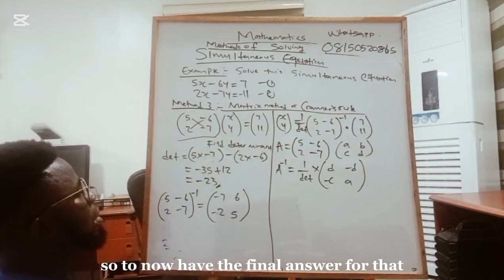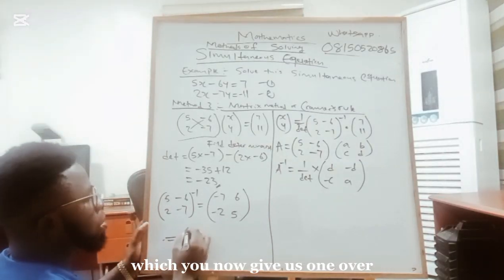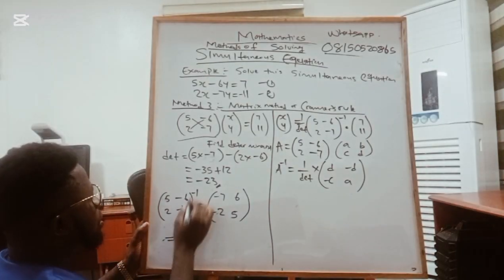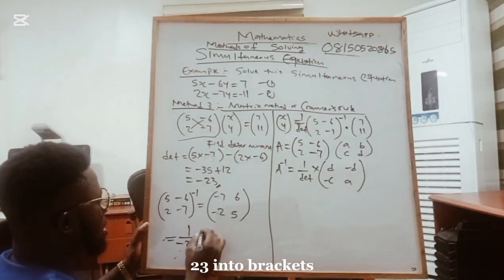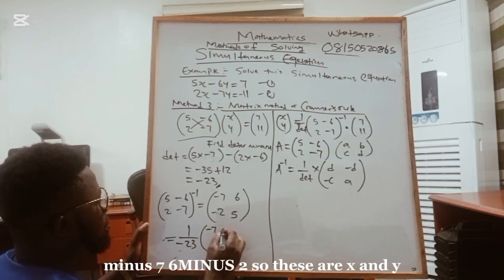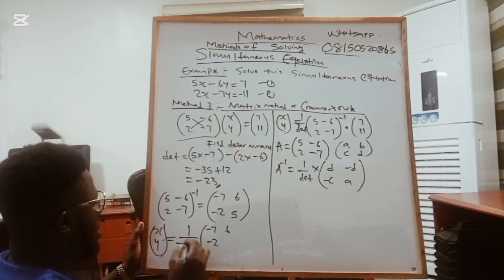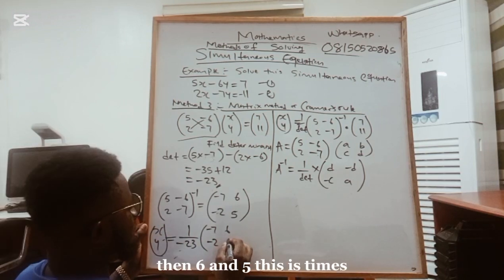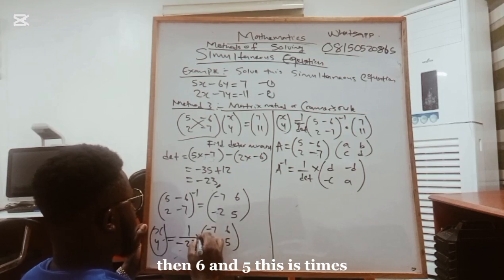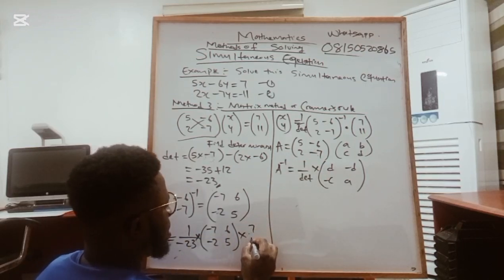So to now have the final answer for that, which will now give us 1 all over minus 23 into bracket minus 7, 6, minus 2, so these are our x and y, then 6 and 5, this is times, then also times 7, 11.